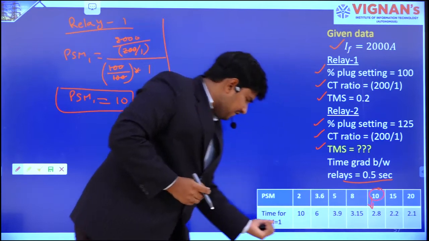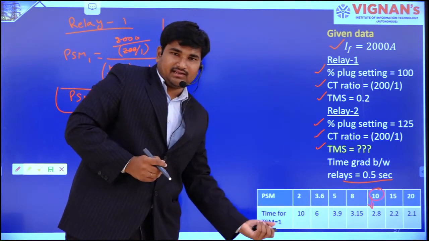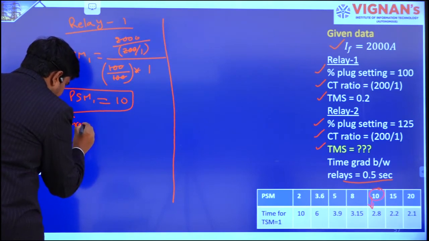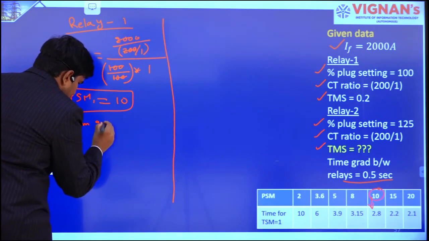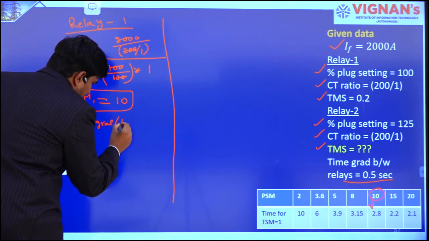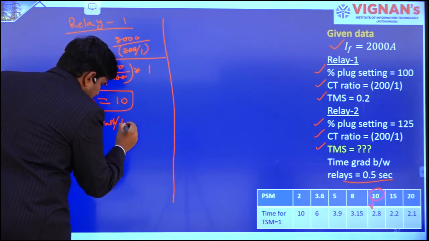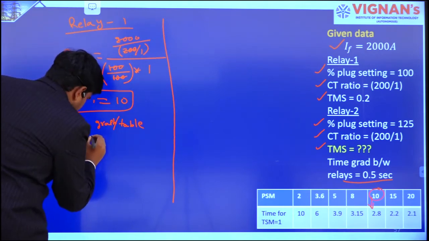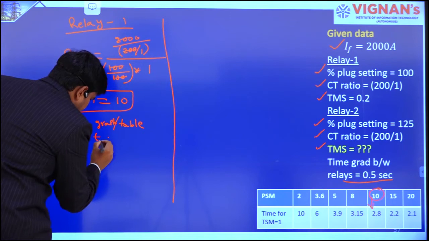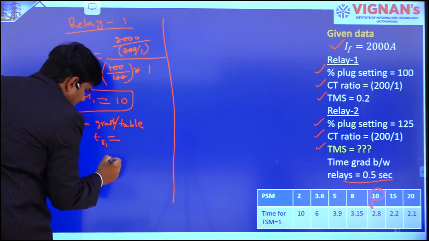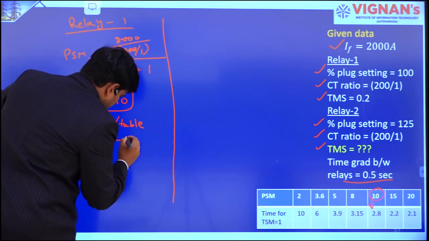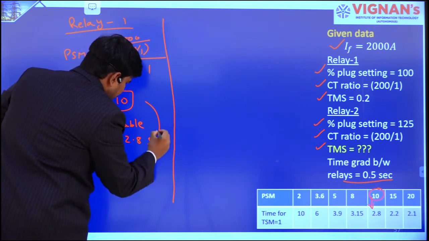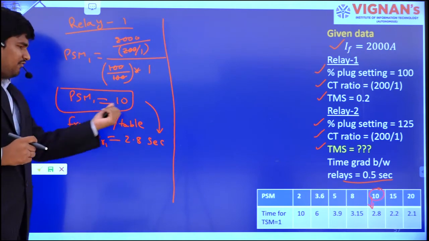From the graph or table, the relay operating time is equal to 2.8 seconds for a PSM value of 10.